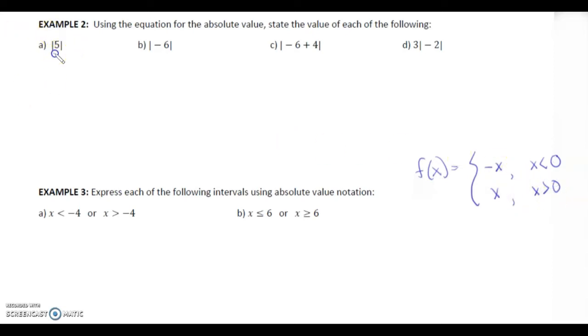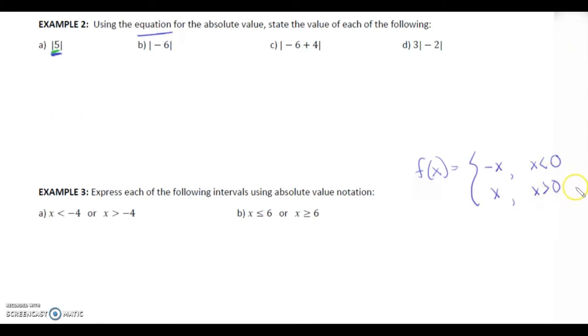So 5, what is the absolute value of 5? As a cheat, I'm going to tell you, if it's just a constant, we're just taking the positive of it. However, if they want us to actually use the equation for absolute value, I'm going to come down here and locate where 5 is in the domain. Super important to locate it in the domain.